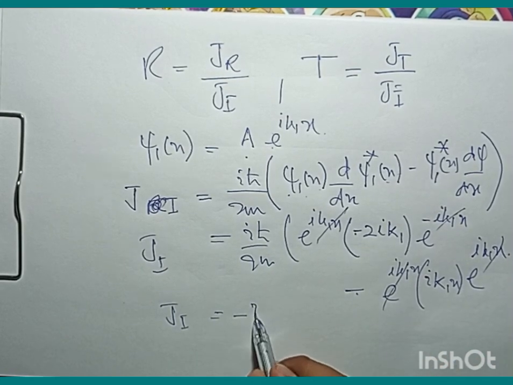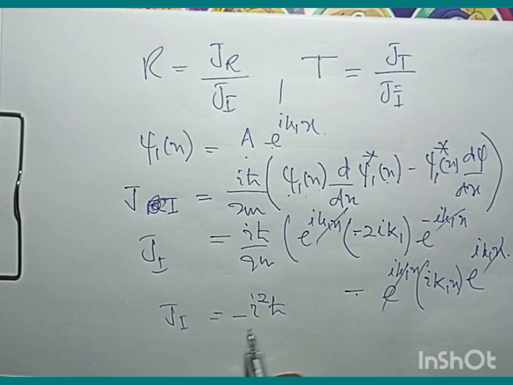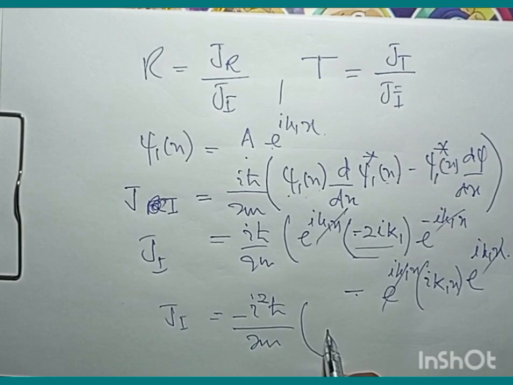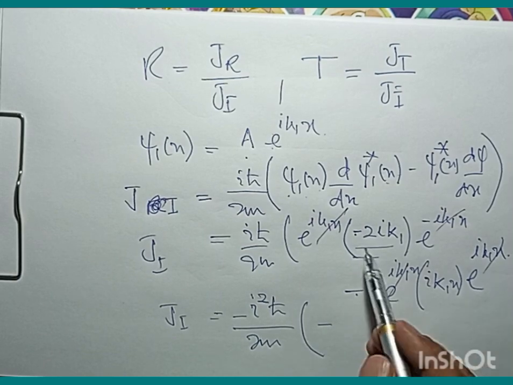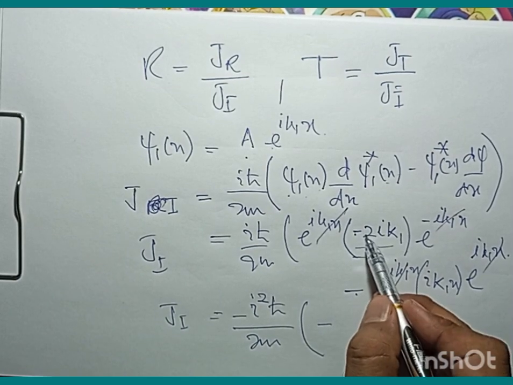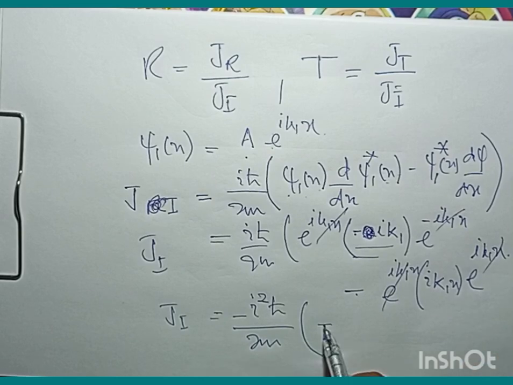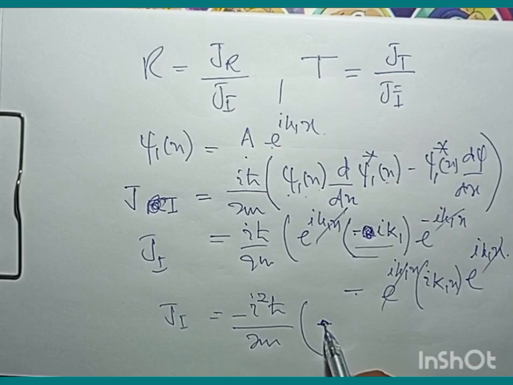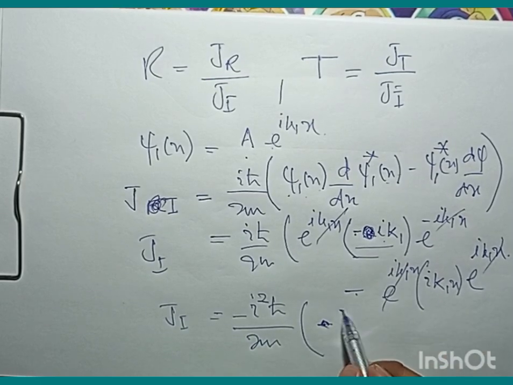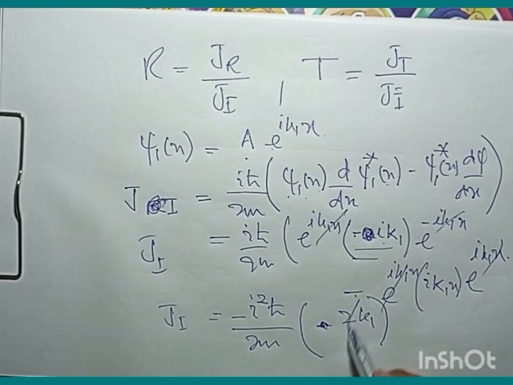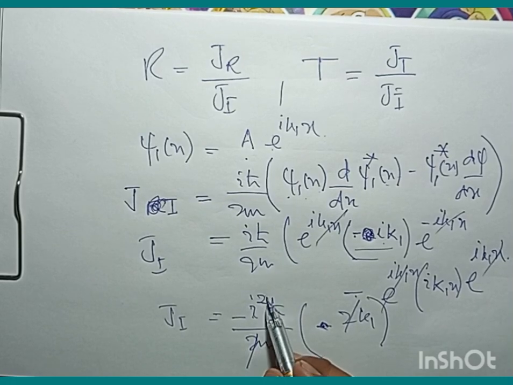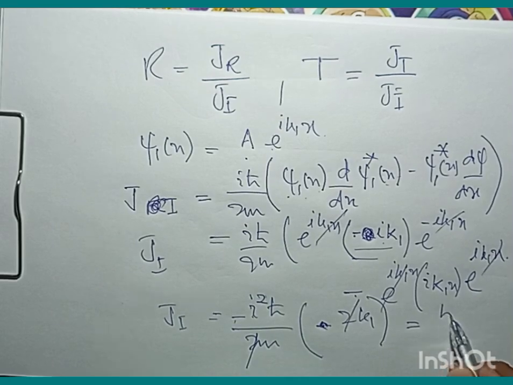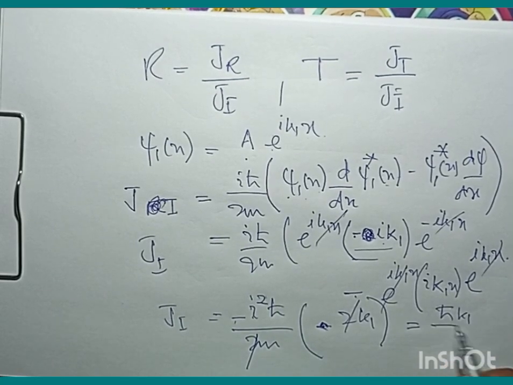So minus i times i gives i square, h cross by 2m, times what will be left here: minus i k1 minus i k1, which is twice k1. The 2 and 2 will cancel. I square gives us minus 1, which will be neutralized by this minus, and what you'll be left with is h cross k1 by m.